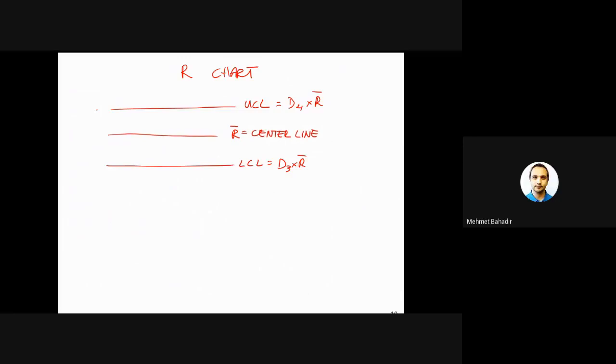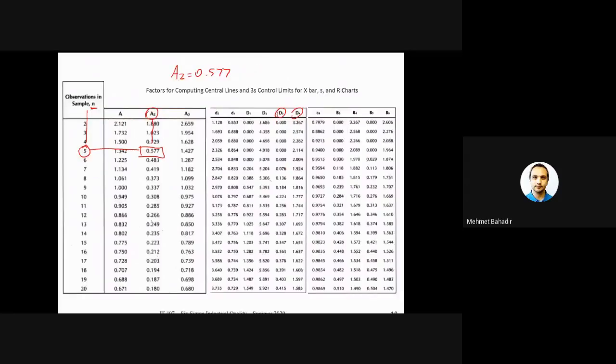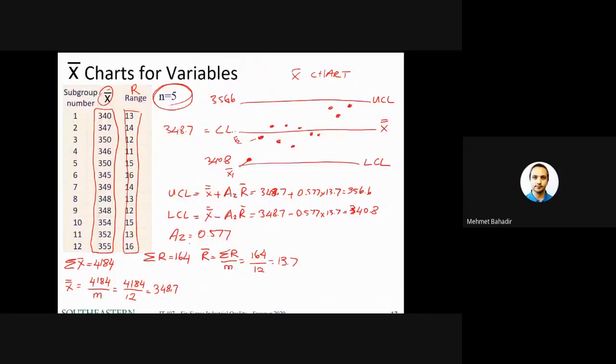So again, for each data, you have to create two charts, X bar and R chart. We already created the X bar chart. Now we are working on the R chart. Where is my R bar? We calculated our R bar here, right?